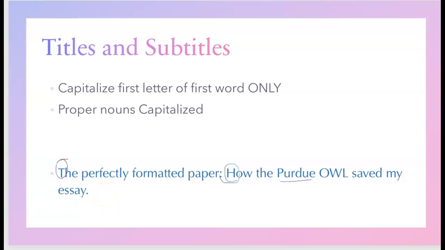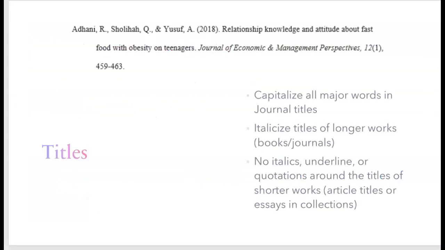The other thing in regards to titles, and I'm going to try to explain this as succinctly and as non-confusingly as I can. Journal titles, right? The title of a journal.